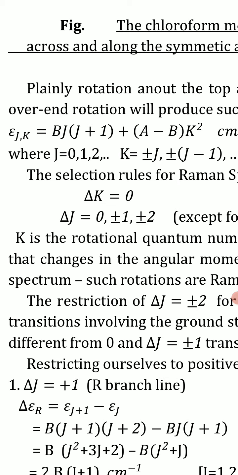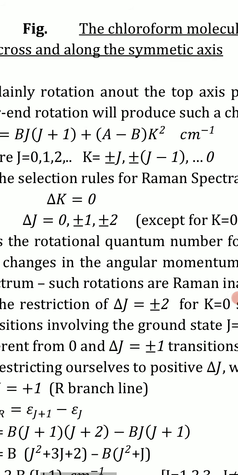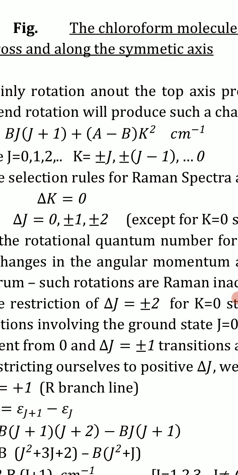Here J is rotational quantum number 0, 1, 2, 3, 4, and K is also a quantum number having values from plus J to minus J with a difference of 1. So if J equal to 0, then K is 0. If J equal to 1, then K is between plus 1 and minus 1 with a difference of 1.